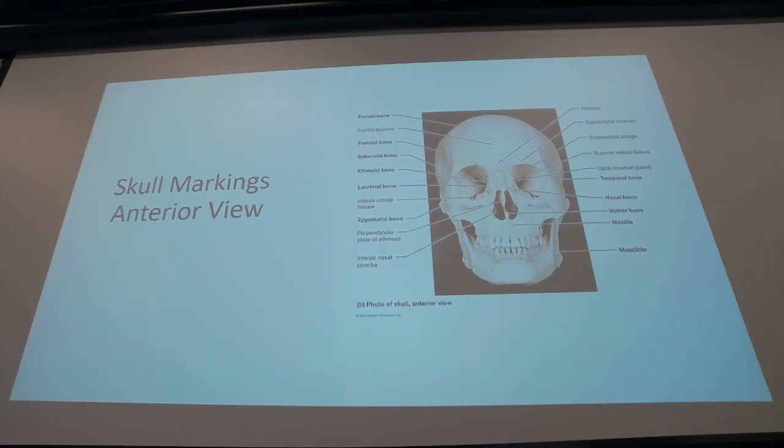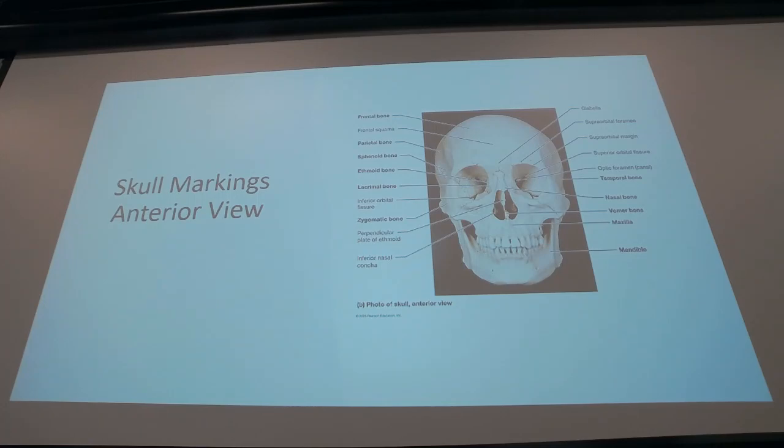Well, we have the supraorbital nerve and blood vessels. So if you try to find it and you feel a little notch, if you compress that for a little bit, you will start feeling numbness around this area because you will be compressing that nerve. So that's the supraorbital foramen or notch. And all of this is part of the frontal bone: the squama, the glabella, the supraorbital margin, and the supraorbital foramen.